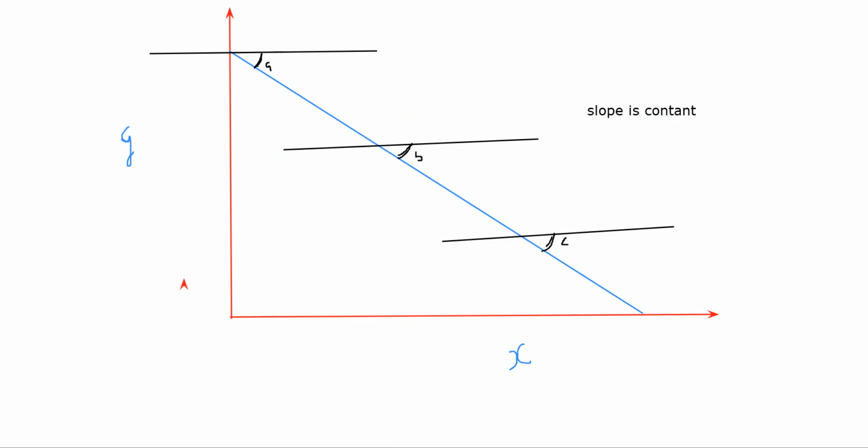Slope can increase or decrease depending on the quantity or the type of graph. First thing, we are discussing the shapes of the graph.